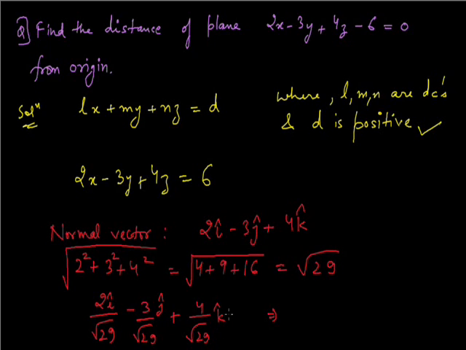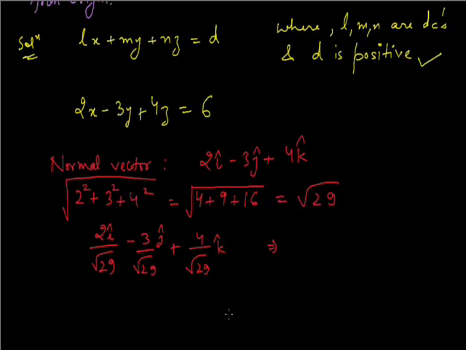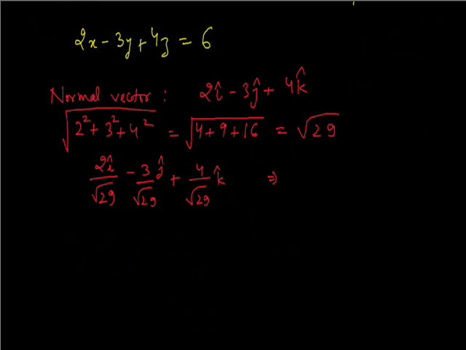What we need is the distance. So let's write the equation of the plane given over here, taking this as the unit vector. For that purpose, you need to divide this particular equation by the modulus root 29.